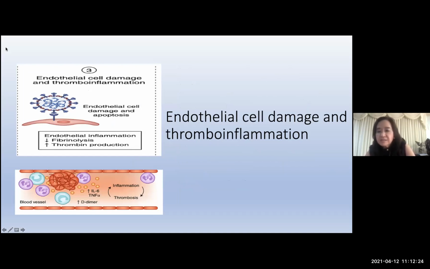This triggers excessive thrombin production, inhibits fibrinolysis, and activates the complement pathway, initiating thromboinflammation, microthrombi deposition, and microvascular dysfunction.